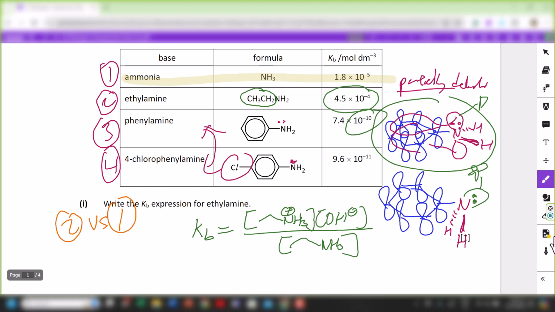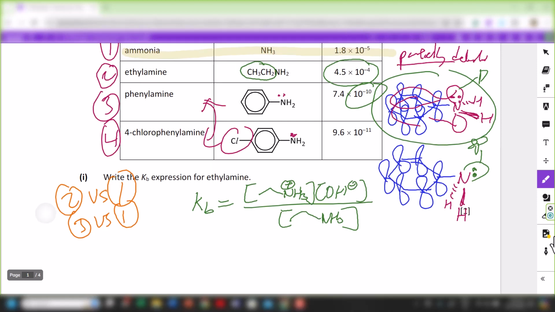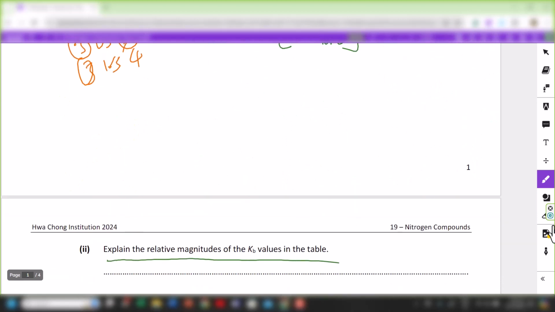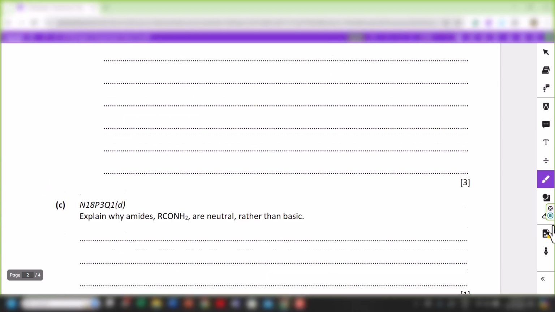So it's easier to discuss. You discuss 2 with 1, and then you discuss 3 against 1, so that you establish the fact that phenolamine is less basic than ammonia, and ethylamine is more basic than ammonia. Then you can discuss 3 versus 4, and that will complete your explanation. Then we are done with this.